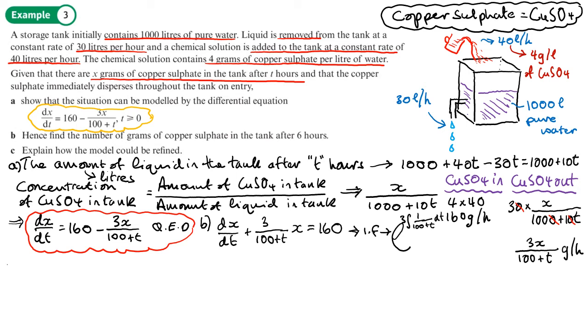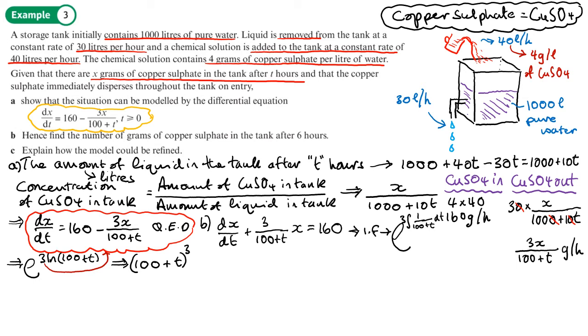So that'll be e to the 3 log of 100 plus t. Then we can bring the 3 there as a power, get the e and the log to cancel down, and we're just left with 100 plus t cubed as our integrating factor.